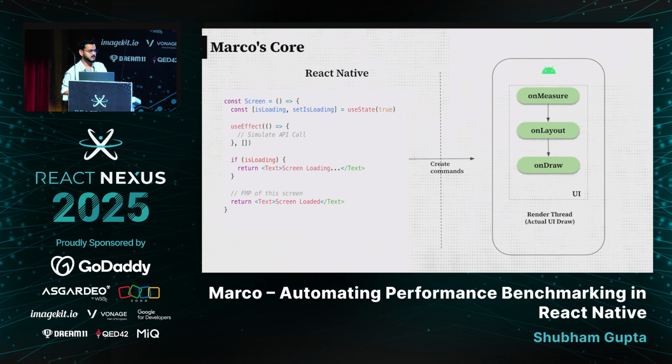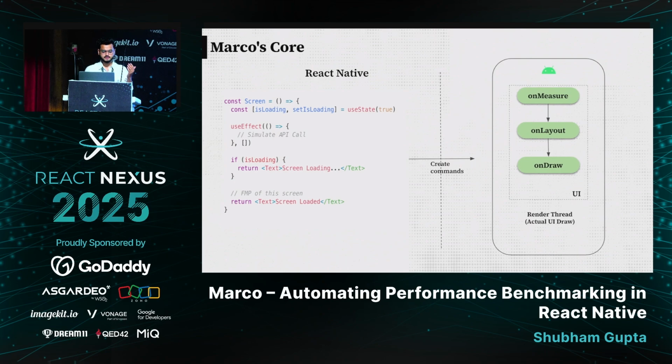It will then send these commands to the Android world. Now Android takes those commands and tries to convert your views into its primitives. So view is converted into a view group, and text is converted into a text view in Android.